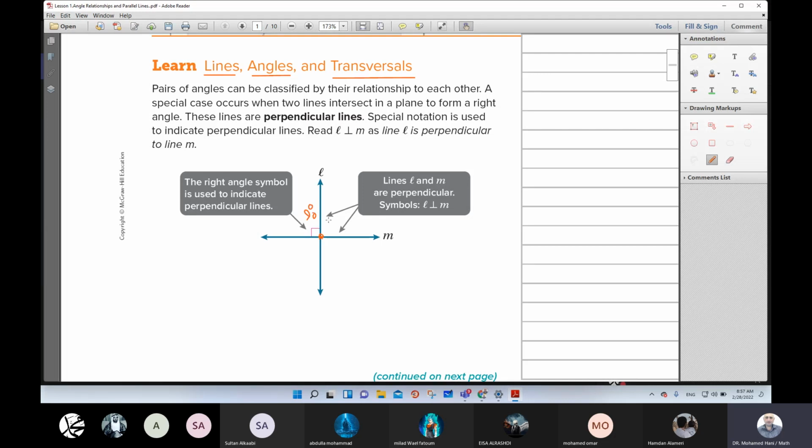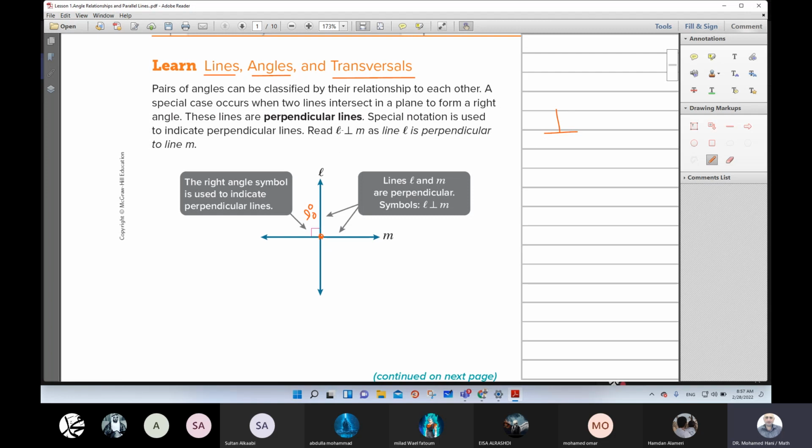So the name of the two lines is perpendicular lines. And we use this sign. When you see this sign, it means you have perpendicular lines.